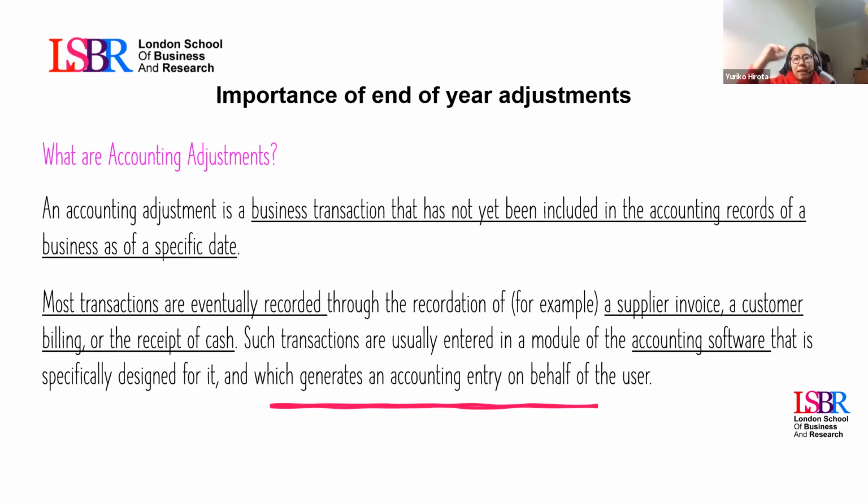Imagine that we are in the process of getting a loan from the bank. We cannot record that loan because it's in the process of authorization by the bank.